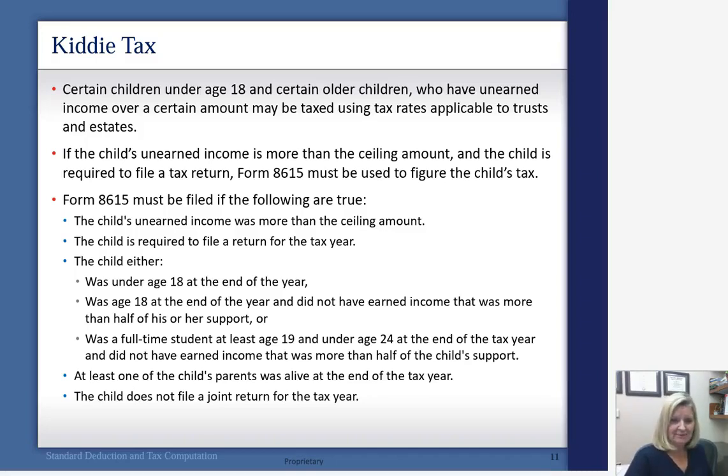I'm not going to read them to you, but if you run into a situation where a child has a lot of unearned income, then you may have to go through this process. TaxSlayer will walk you through this, but just make sure that you are completing that Form 8615 if they have sufficient unearned income for that.